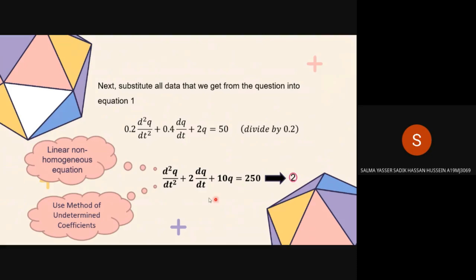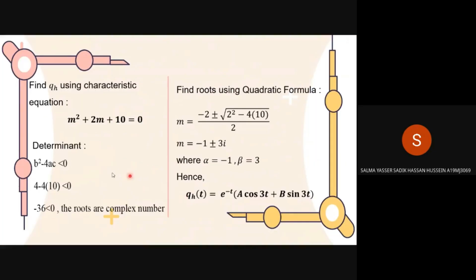We can see that this equation is a non-homogeneous equation because it doesn't equal 0 and shows an f(x) of 250. And it is also a method of undetermined coefficients because it's a polynomial. Next, we start solving by finding the value of Qh, which is Q homogeneous: m squared plus 2m plus 10 equal to 0.